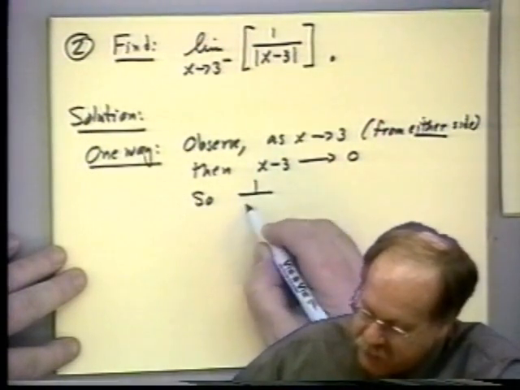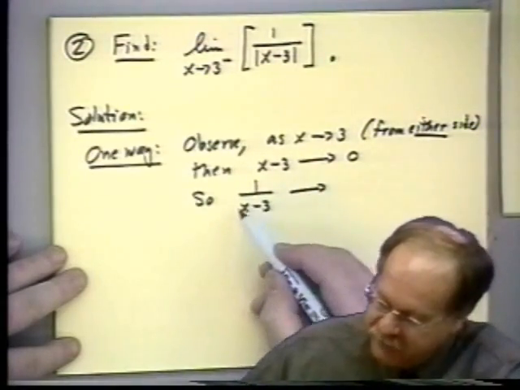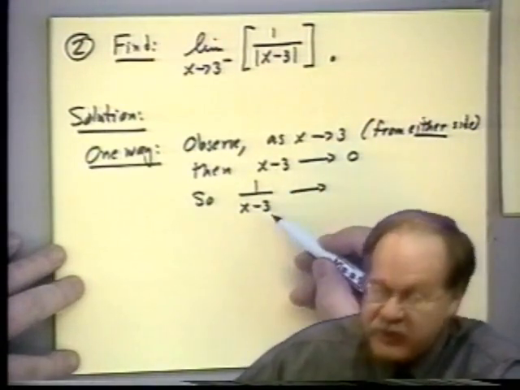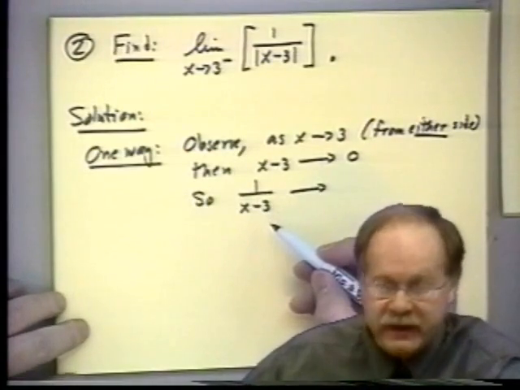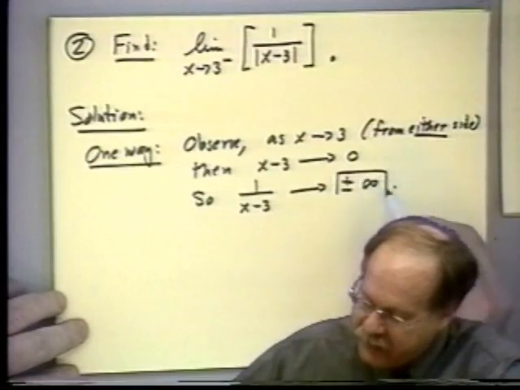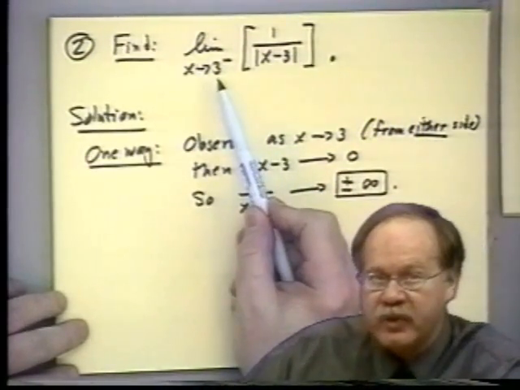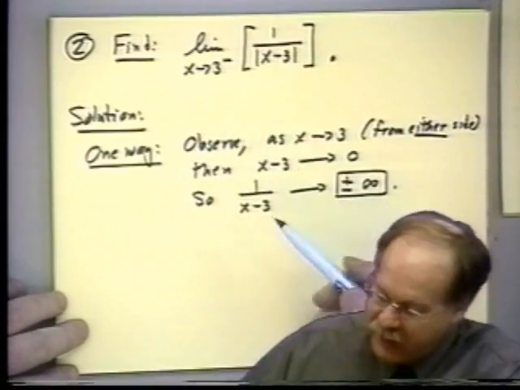So that means the entire expression without the absolute value for the moment has to approach one of the infinities. So it's either plus or minus infinity. I know that immediately just by looking at the picture, not even paying attention to which direction I'm coming.